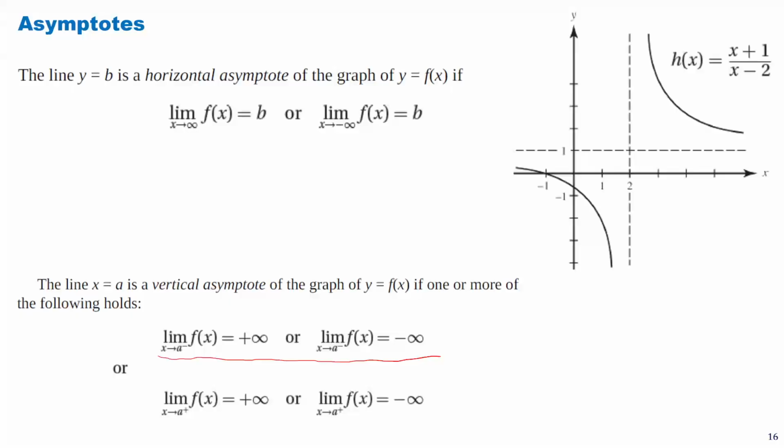And similarly, the line x equals a is a vertical asymptote of the graph of y equals f(x) if one or more of the following holds true. Any questions?